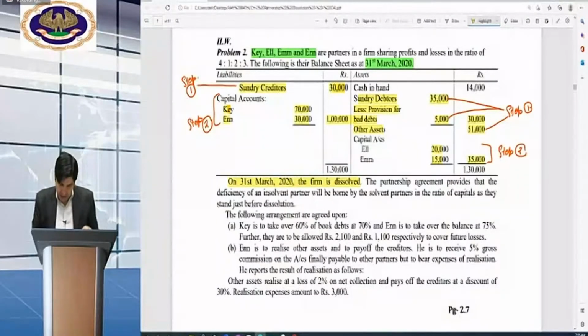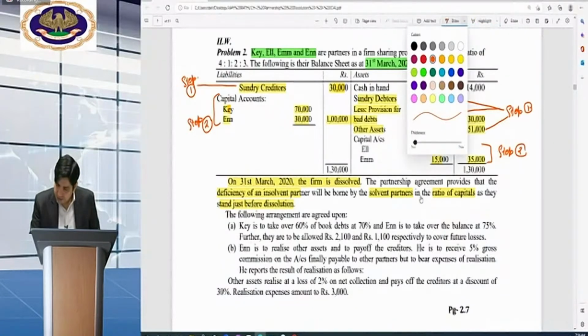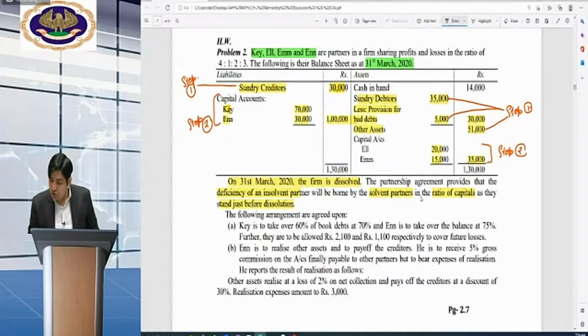The partnership agreement provides that if someone is insolvent, then the loss will be borne by the solvent partners in the ratio of their capital as they stood before the dissolution. It is just like Gardner versus Murray, fluctuating capital method.